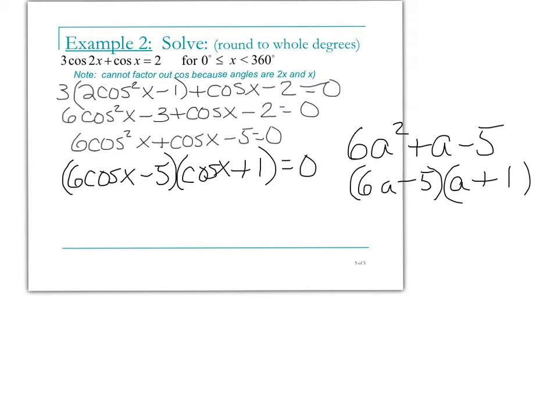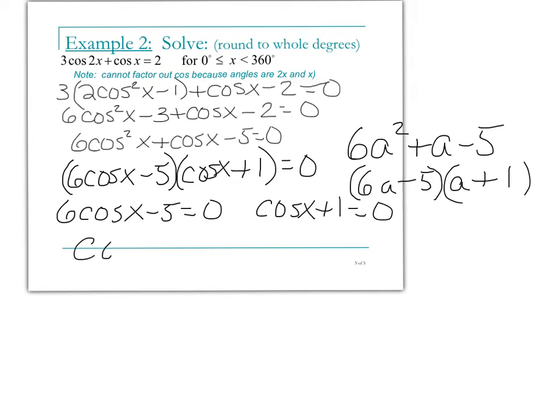Then I'm going to come back here, set both equal to 0. So I get 6 cosine x minus 5 equals 0, and I get cosine x plus 1 equals 0. So that would give me that the cosine of x is equal to 5/6, and here I would get the cosine x equal to negative 1.